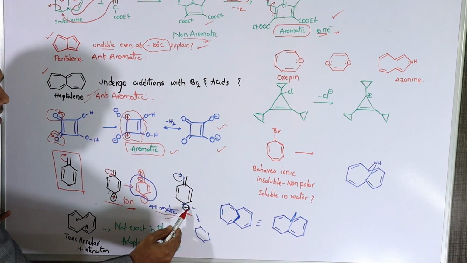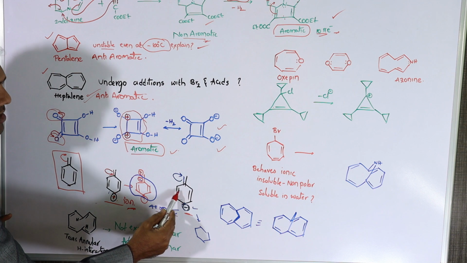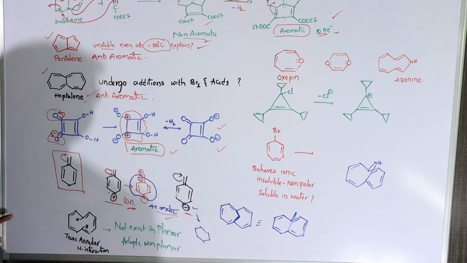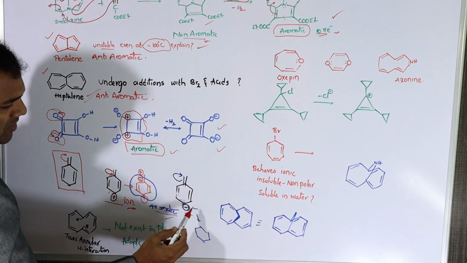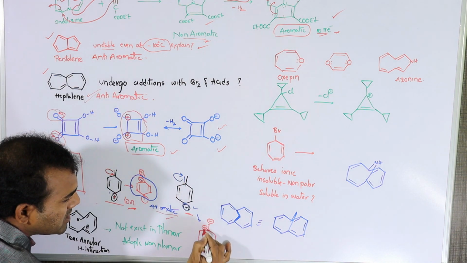Next, if you take a negative charge at this carbon atom, then it is an electron rich carbon atom, so the electrons shift towards the upper carbon. Next, what will happen here? A negative charge and a positive charge in this compound.